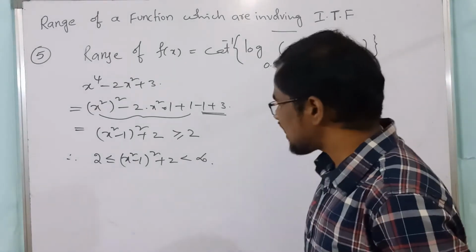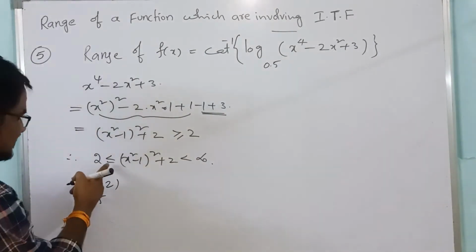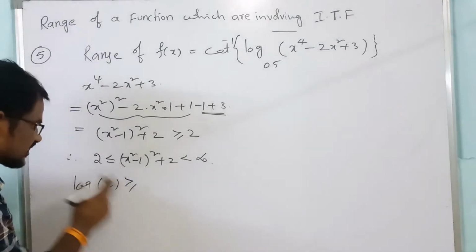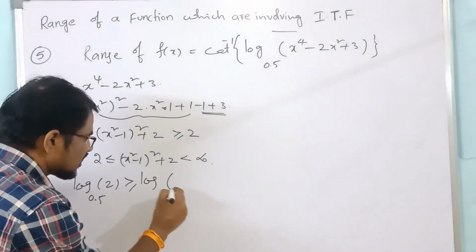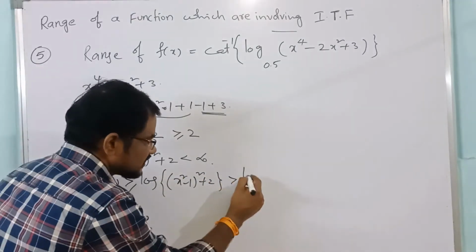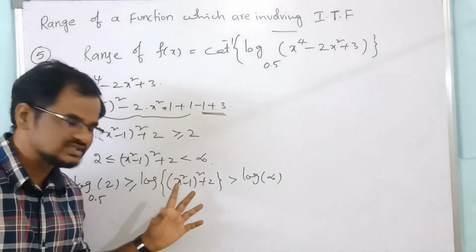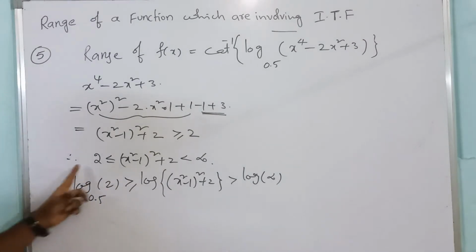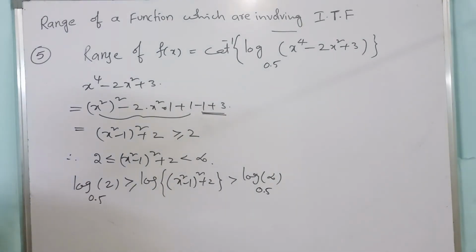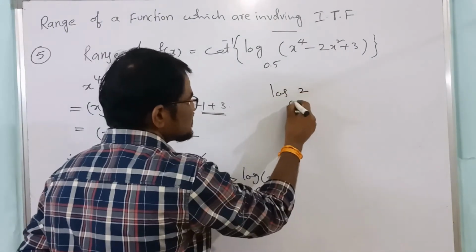So if you apply log to the base 0.5, the inequality will change: greater than or equal to becomes less than or equal to, and log of (x square minus 1) whole square plus 2 is greater than log of infinity. If you see the logarithm properties video, you will get the idea how to apply this to the base 0.5.